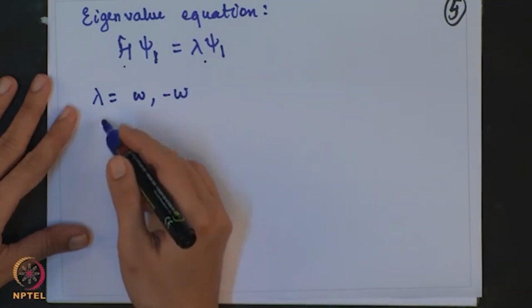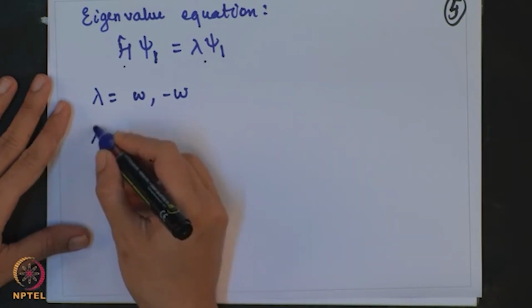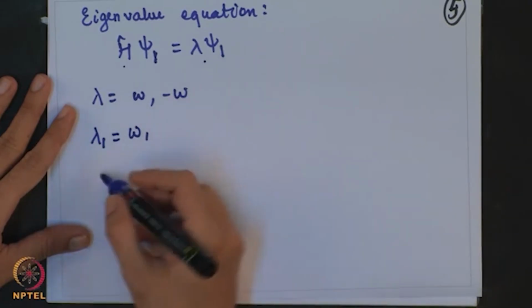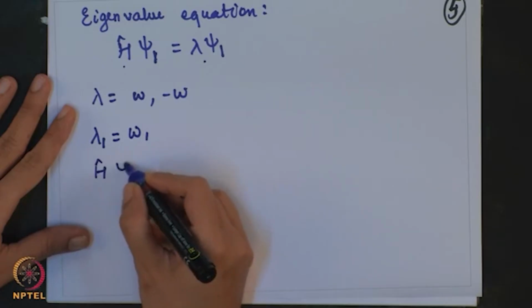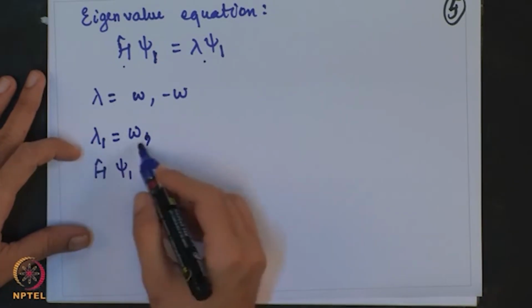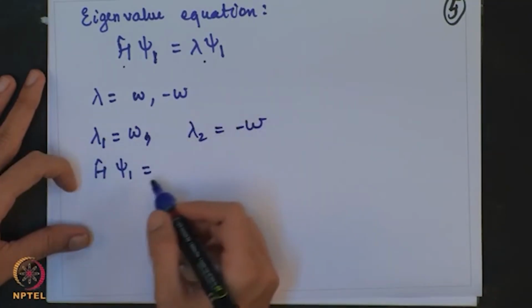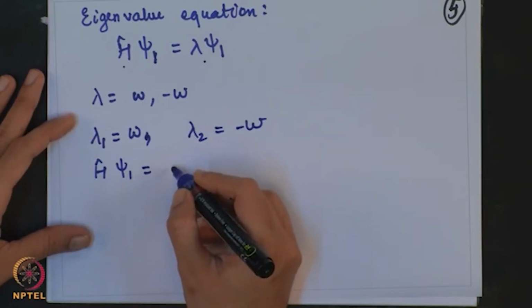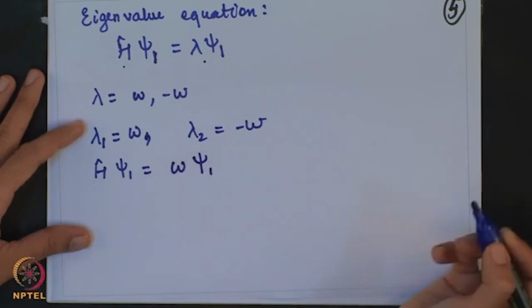If I call lambda 1 as omega, and lambda 2 as minus omega, then H operator on psi 1 is omega psi 1.